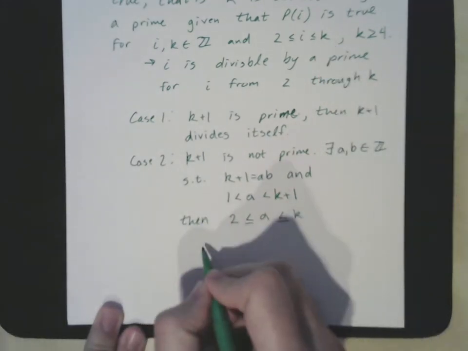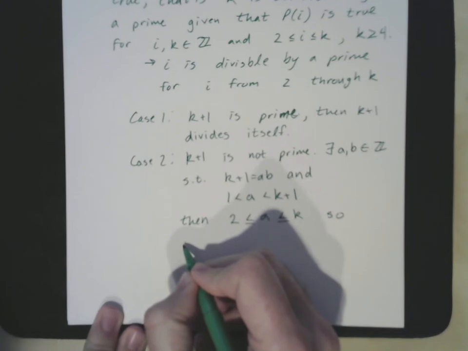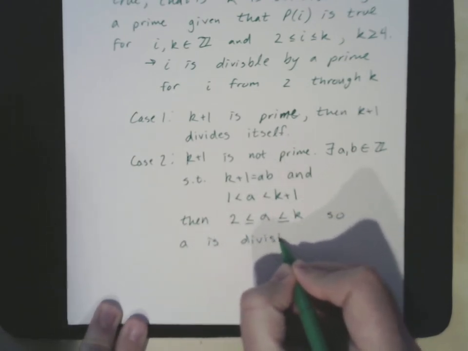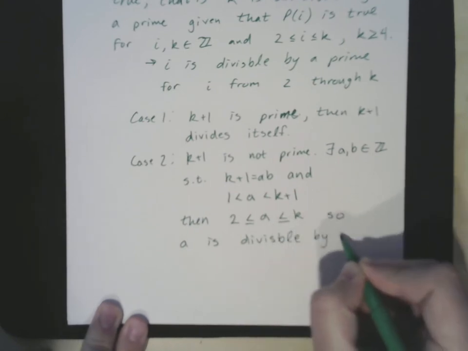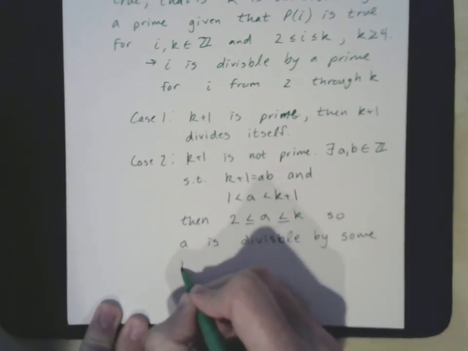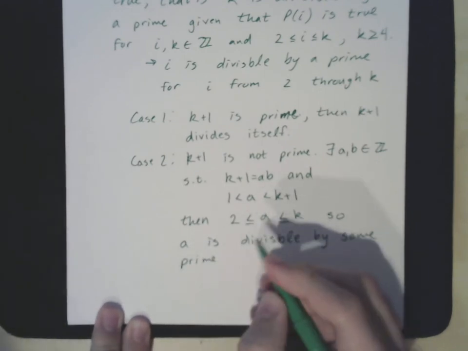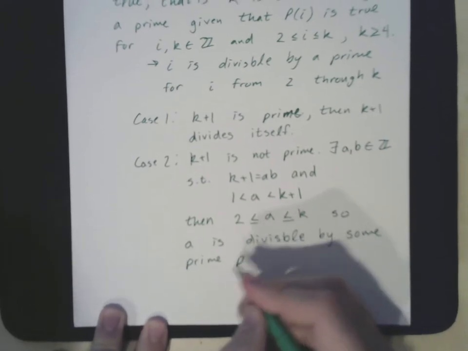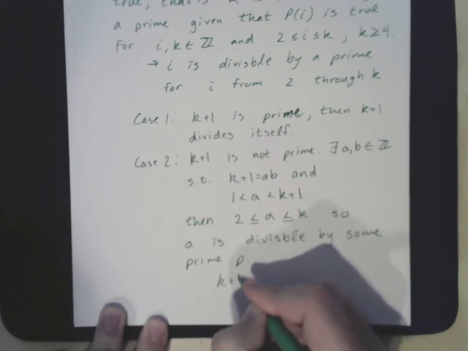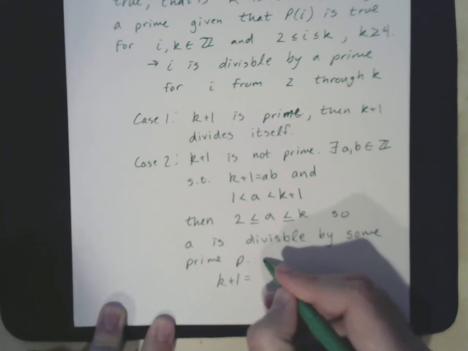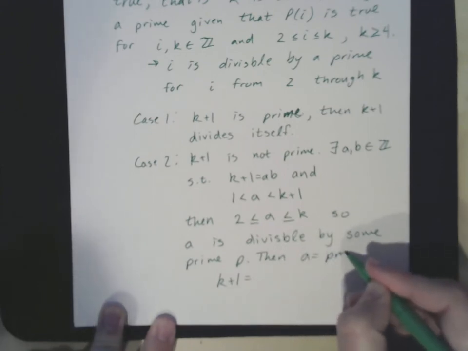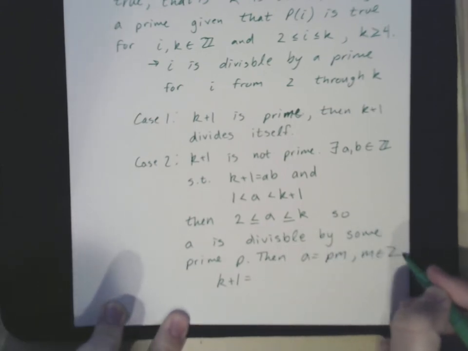So A is divisible by some prime P. Then A equals PM, where M is an integer.